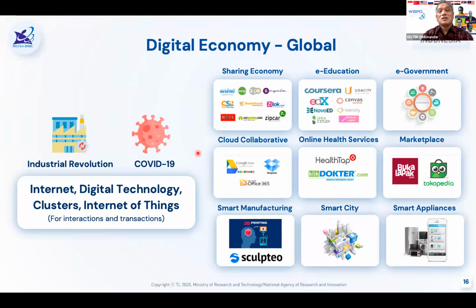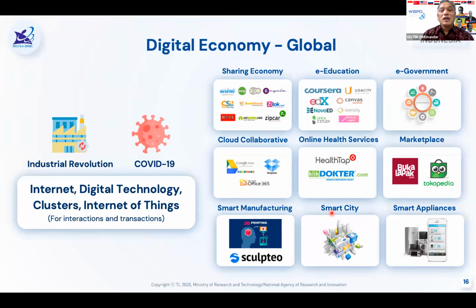So the digital economy has now become part of our life, from sharing economy, e-education, e-government, and E for everything, like e-health, e-marketplace, smart appliances, etc.